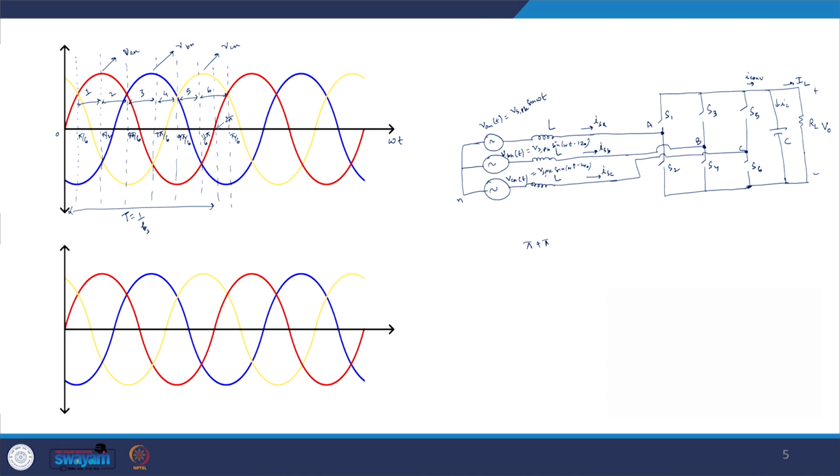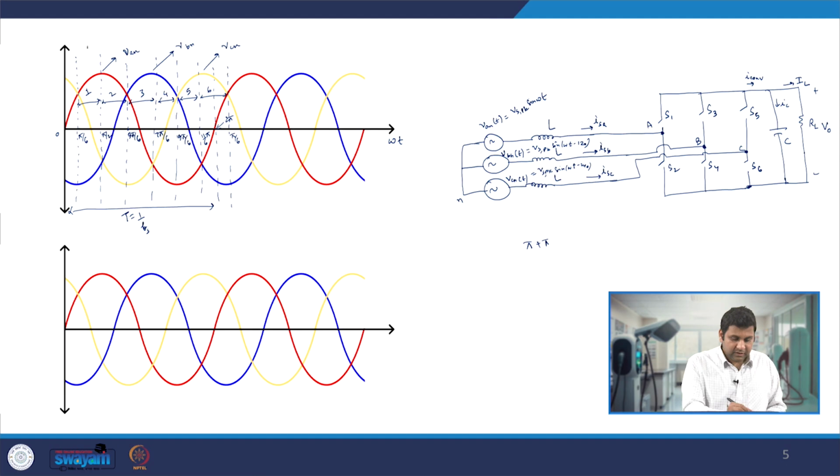Now, if we are able to calculate the current flowing through the capacitor in the first mode, the same thing will be there in the second mode, third operating mode, fourth, fifth and sixth mode. Let us define those as sectors.